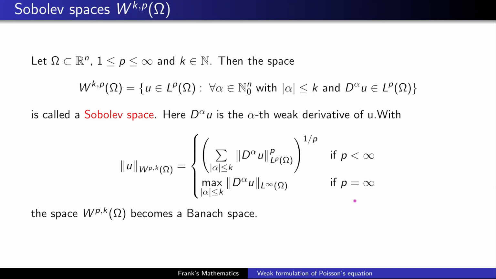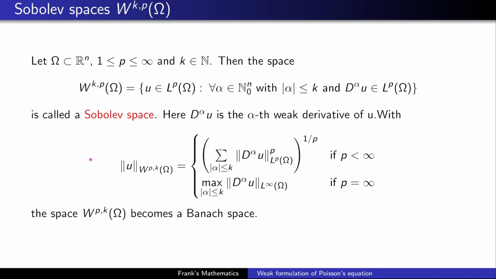And if p is infinity, you just take the maximum. This resembles, of course, the definition of the p-norm. And if you use this norm in this space, you get that W^{k,p} becomes a Banach space, so it becomes a completely normed space. This is now a fine thing. Completely normed spaces are usually a good thing.